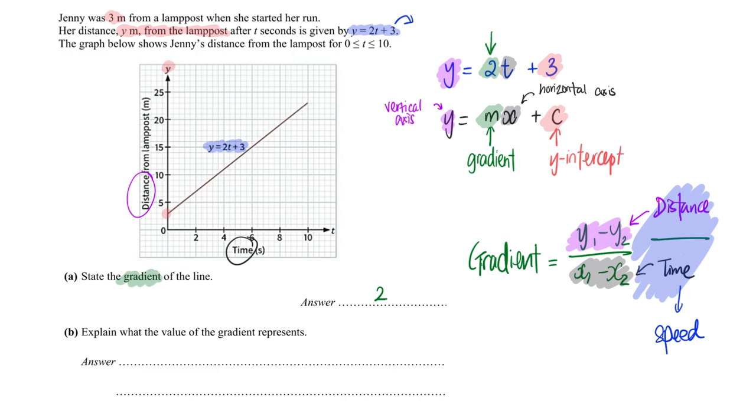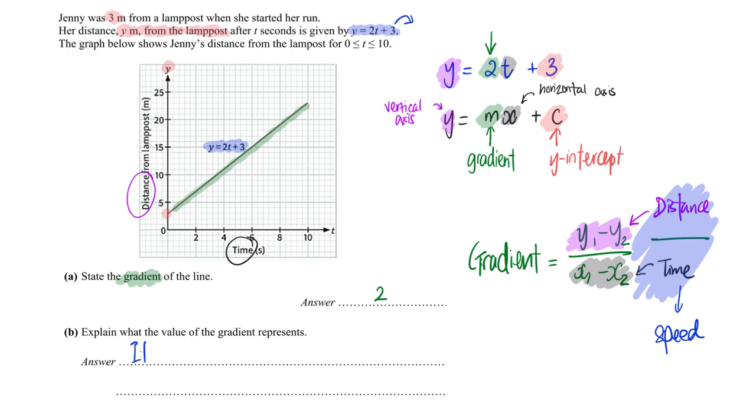Because it is a straight line, we are looking at a speed of 2 meters per second, meaning at any point on this straight line the speed is 2 meters per second, so we could use the words constant speed.